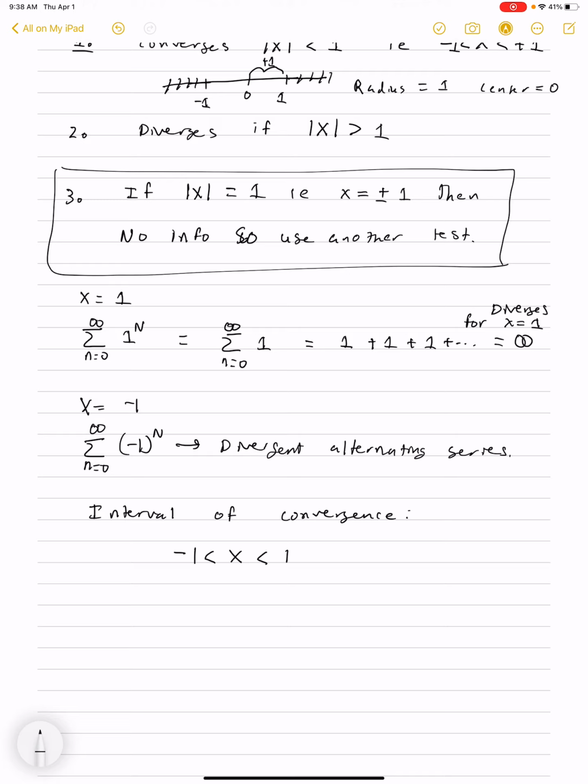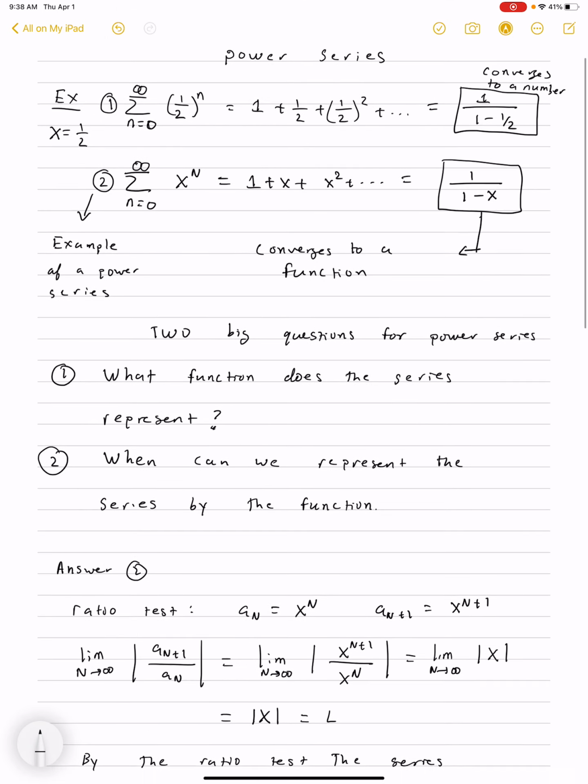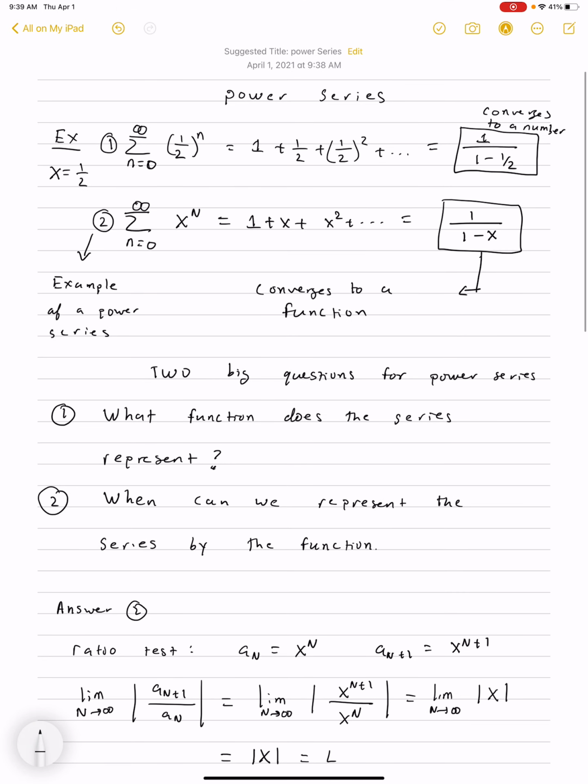And less than positive 1, we get a divergent series as well. Okay. And when x takes on a value between minus 1 and 1, what we've discovered is that we can represent this series next to 2 as 1 over 1 minus x. They represent the same thing.